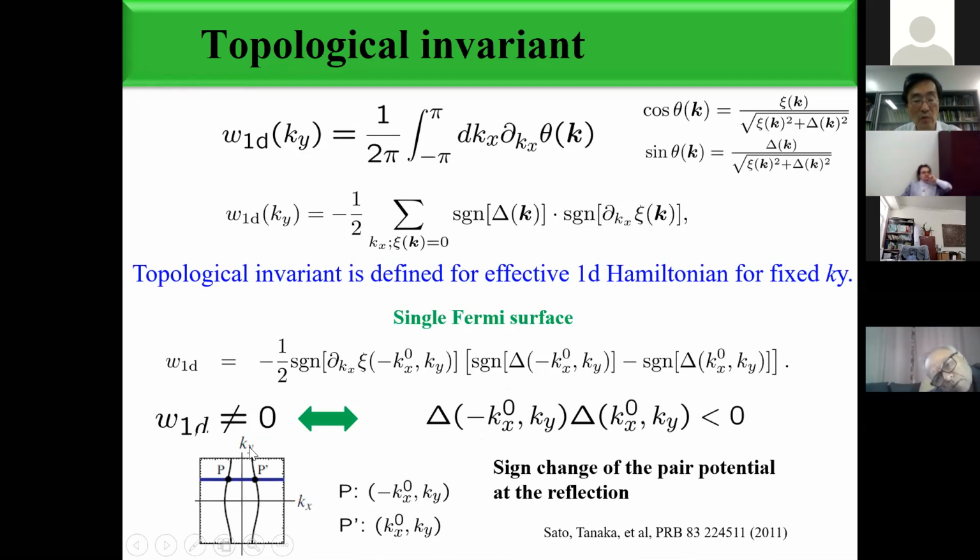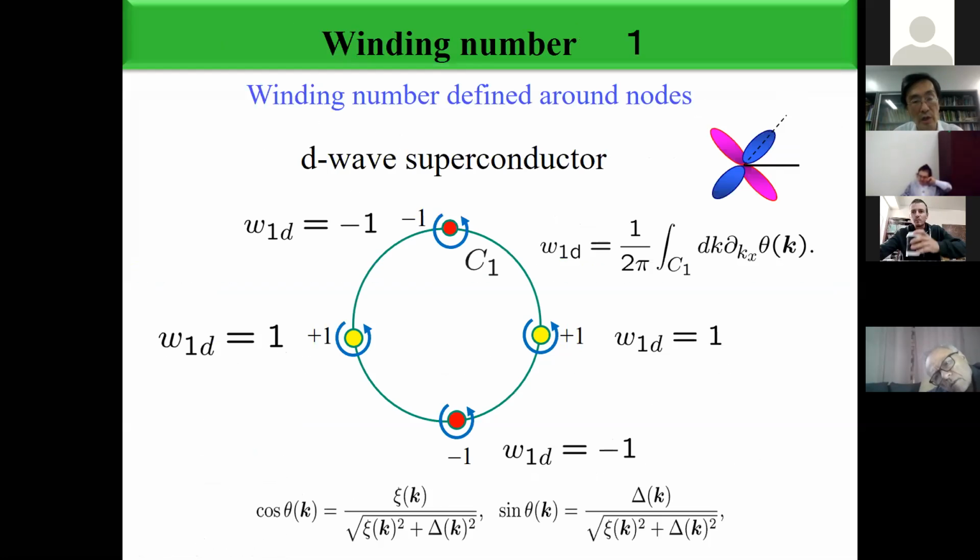The non-zero winding number means that the signs of the pair potential here and here, at the points P and P prime, are different from each other, so Δ times Δ is negative. This is a known condition. Actually, we have proven this before by solving the Bogoliubov-de Gennes equation in the quasi-classical approximation. So then let's look at the physical meaning of the winding number.